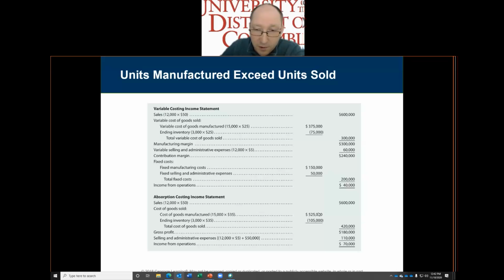So 35, 525 minus ending inventory, 3,000 times the 35, that's 105. 525 minus 105 is 420. 600,000 minus the 420 is 180 for gross profit, minus selling administrative expenses, number of units sold times the $5 selling administrative expenses variable plus the fixed of 50,000. That's 110. 180 minus 110 is 70,000 from income from operations.